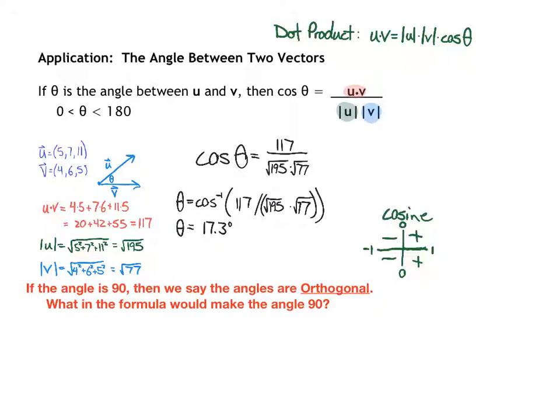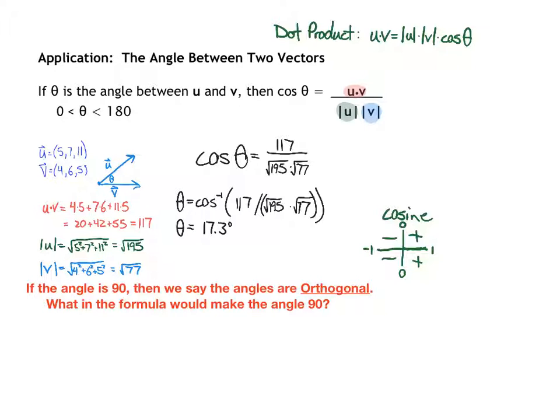Then we have a 90-degree angle. If the angle is 90 degrees, that means the cosine of theta equals 0. The magnitudes are not going to be 0, so our dot product would have to equal 0.